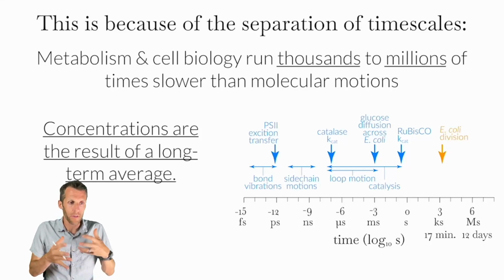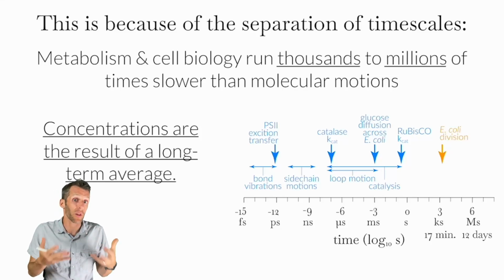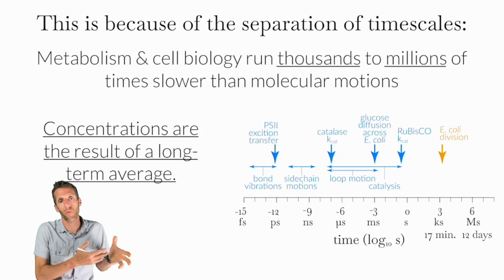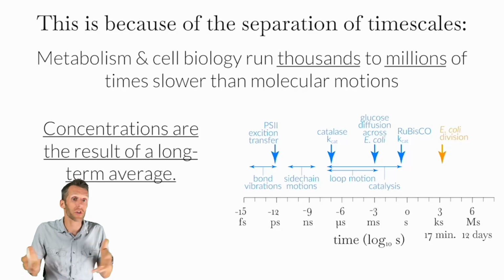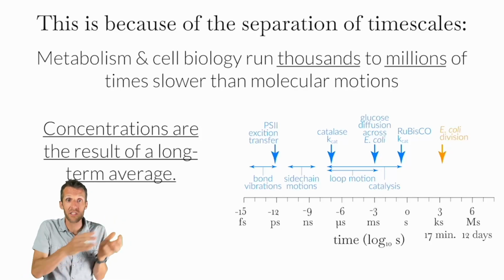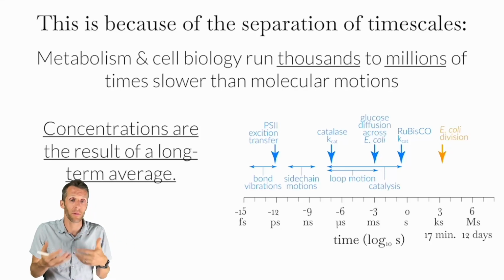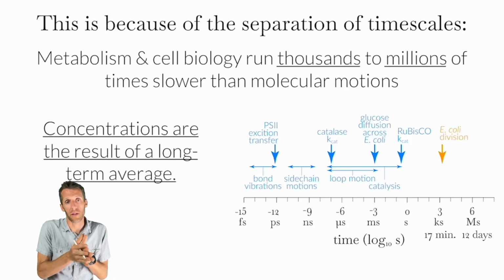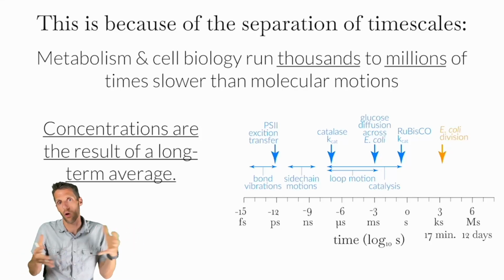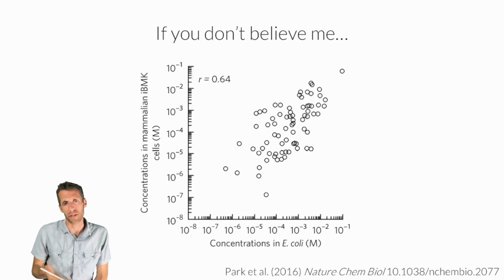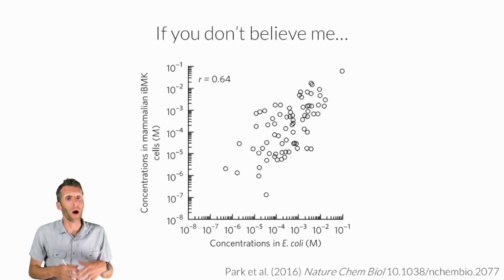Since all of the molecular interactions are running really, really fast relative to things like cell biology and metabolism, there's time for the concentrations of things to slosh around and basically come to a local equilibrium, even while stuff is flowing through the system. There's a quick response at the level of the individual reactions relative to the slow response that is all of metabolism. And maybe you don't really believe me. You're like, no, that can't be true. I think that the concentrations of things fluctuate wildly in cells.